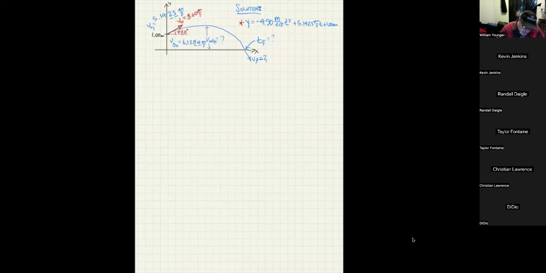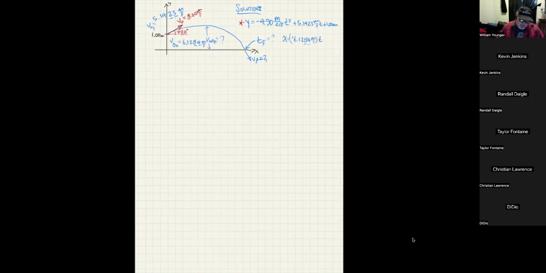Now, additionally, my x as a function of time is just going to be equal to my x component of velocity, which is again positive. In this case, it's 6.1284 meters per second times time.